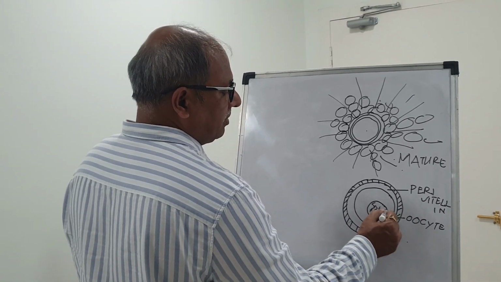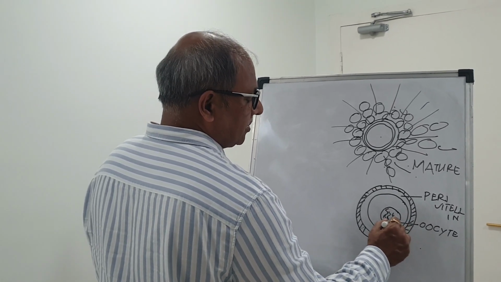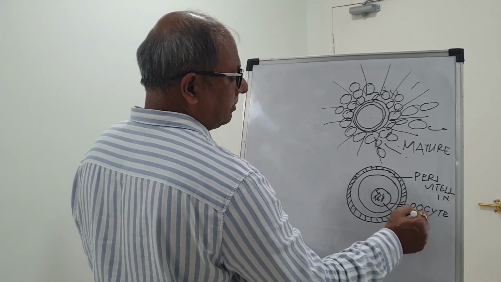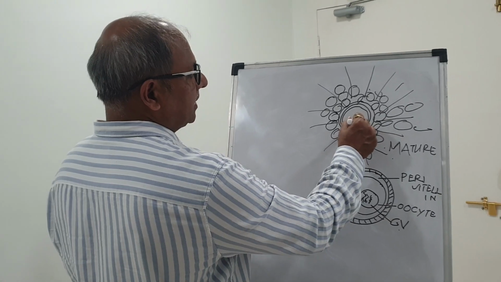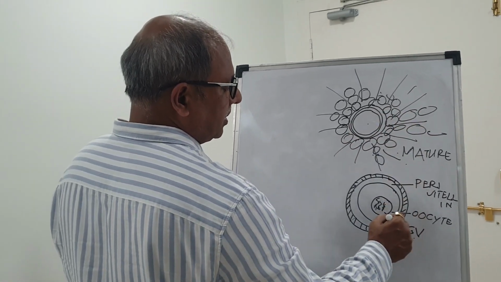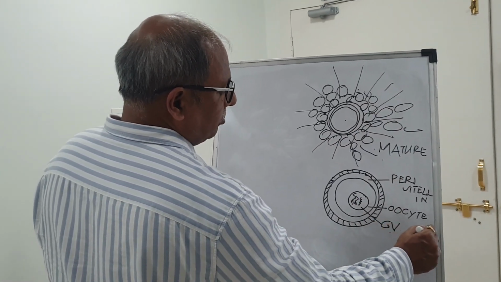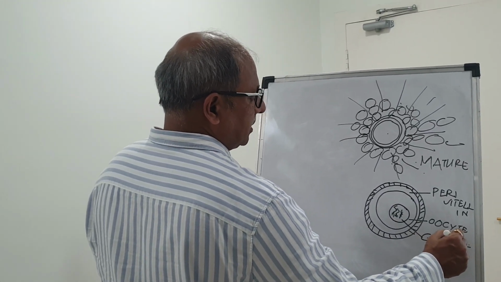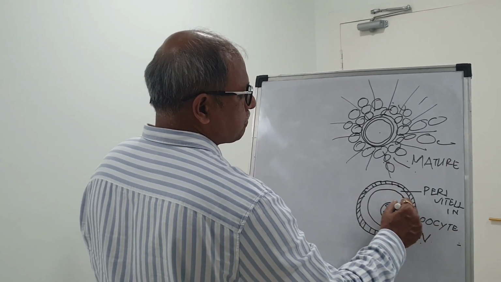If this nuclear membrane is present, then it is called a germinal vesicle. Now if the egg is in the germinal vesicle state and you remove the corona, and you allow it to go for meiosis, then it might die.